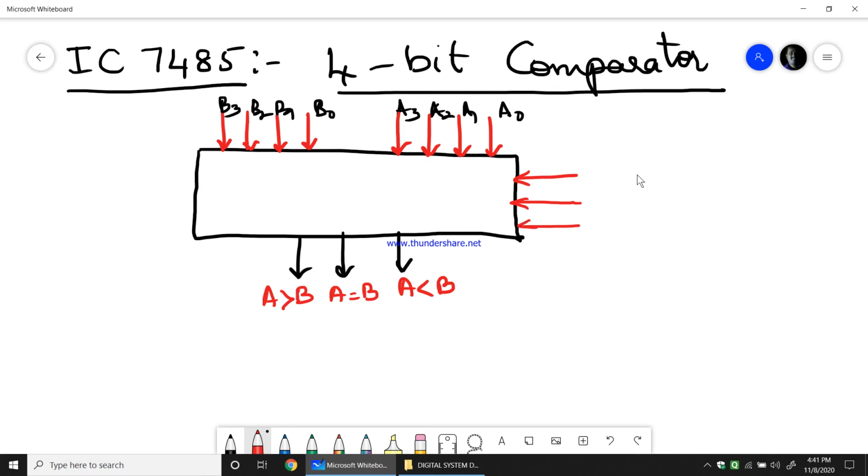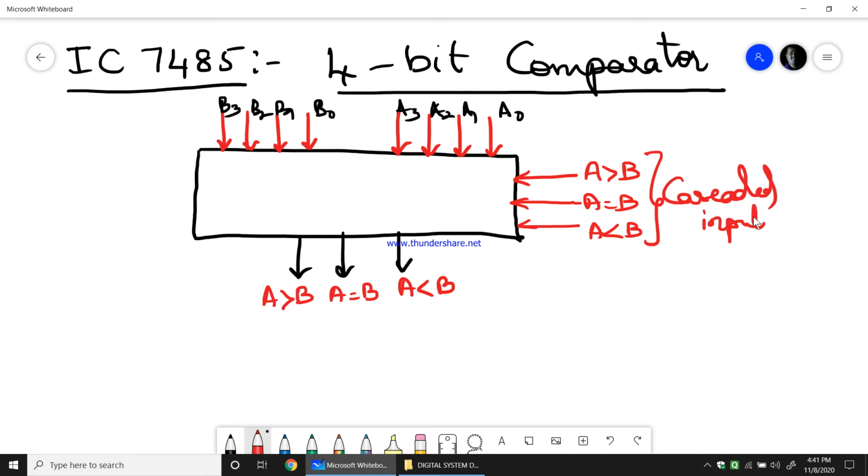We will have A greater than B, A equals B and A less than B. I'll tell you why cascaded input is required here. Cascaded means you use these cascaded inputs if you cascade one 7485 with another 7485. We'll see that while designing an 8-bit comparator, what the benefits of the cascaded input are.